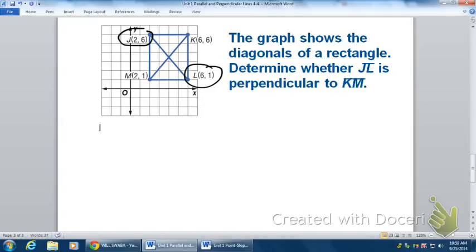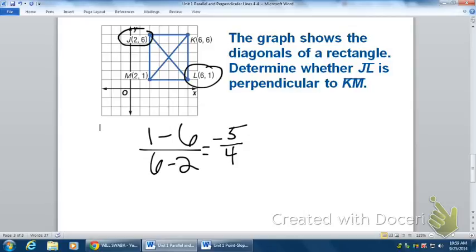I'm going to do my y2 minus y1 over x2 minus x1, so 1 minus 6 over 6 minus 2. That's going to give me -5 over 4. So we got that slope for line JL.